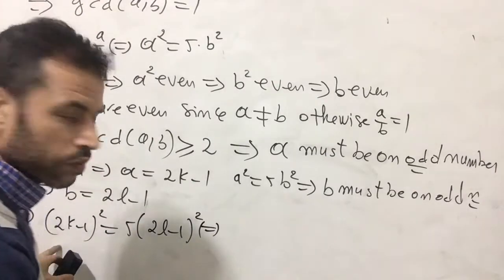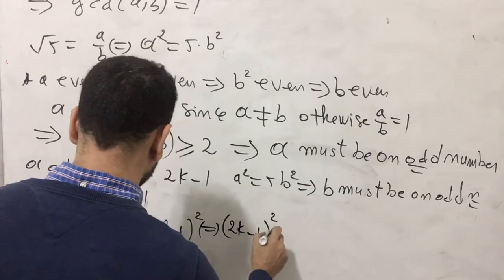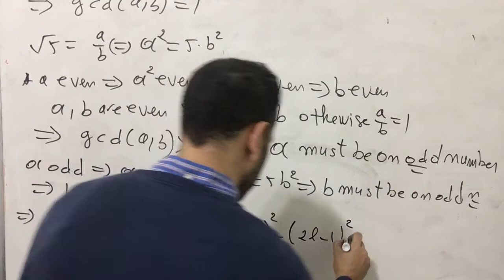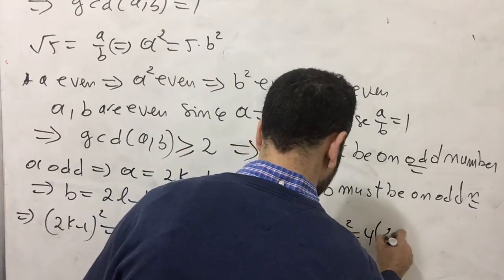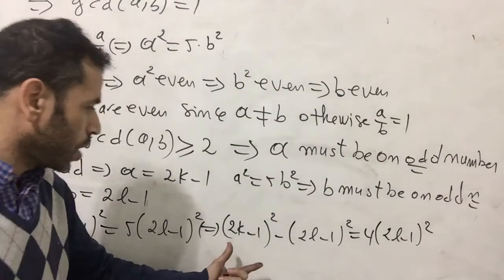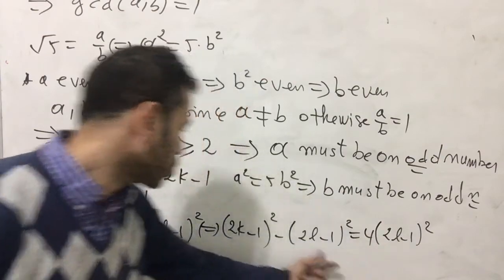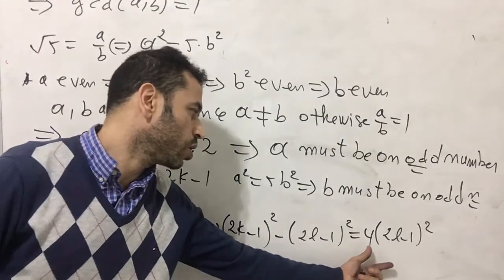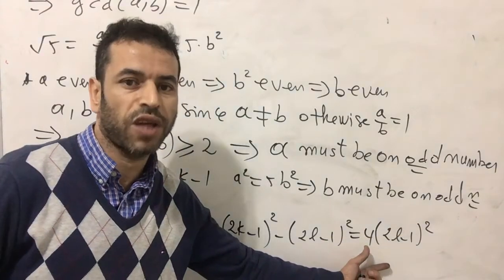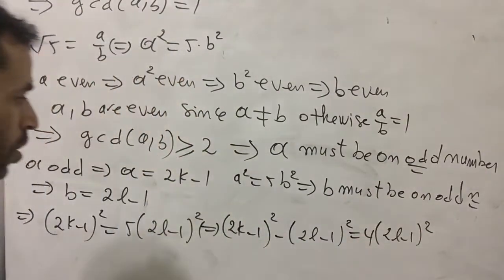It's equivalent to (2k minus 1) square minus (2l minus 1) square equals 4 times (2l minus 1) square. What I did here was bring one of those (2l minus 1) square to the other side. I will be left with 4 times (2l minus 1) square instead of 5 times.